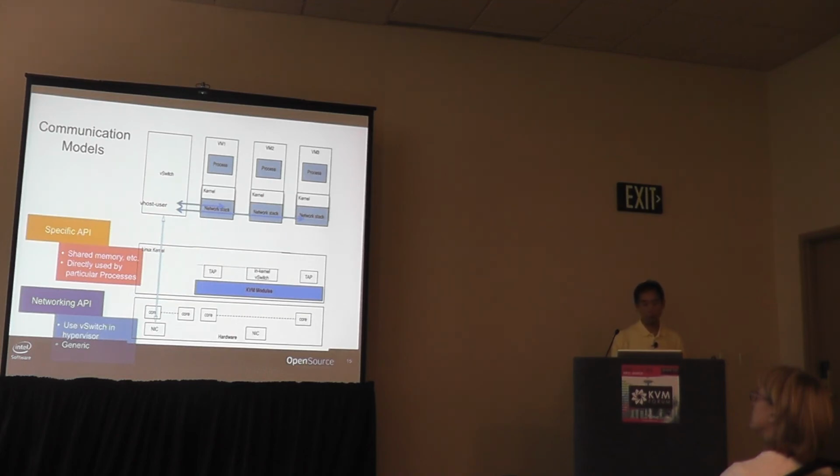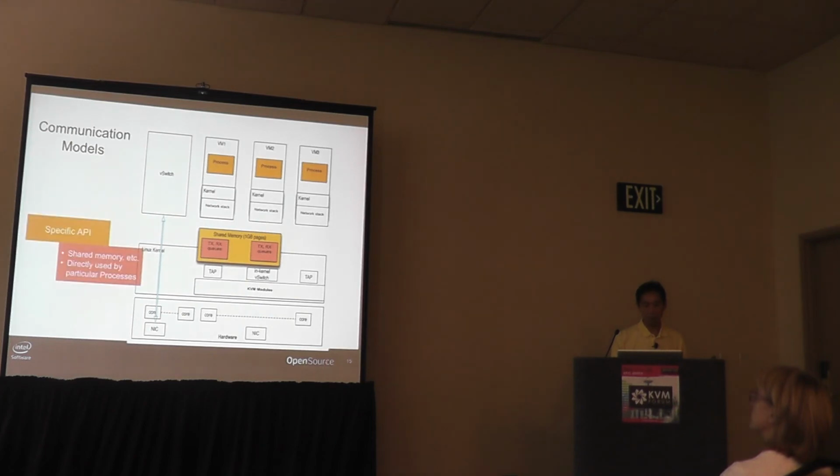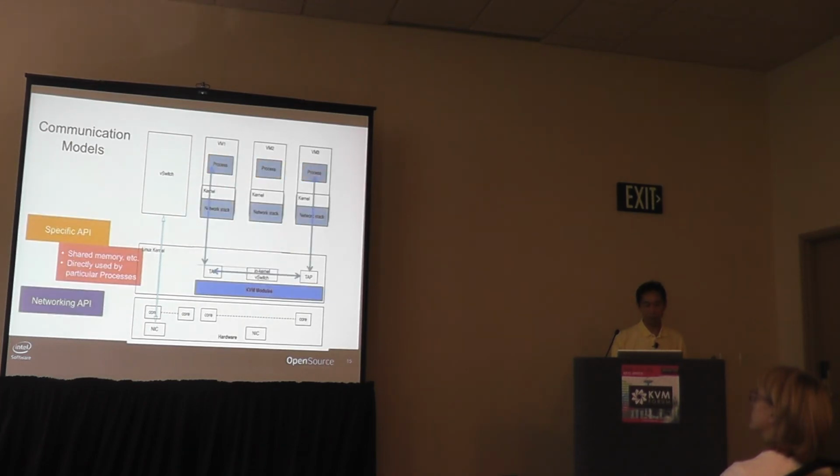For example, if VM1 sends to the other VM, this is the slow case, and this is the vhost-user case. It goes like this.